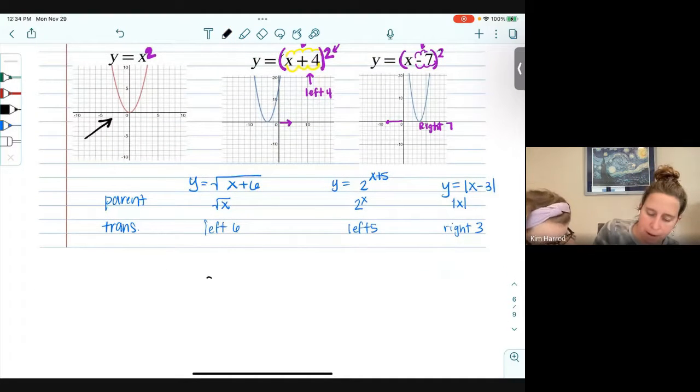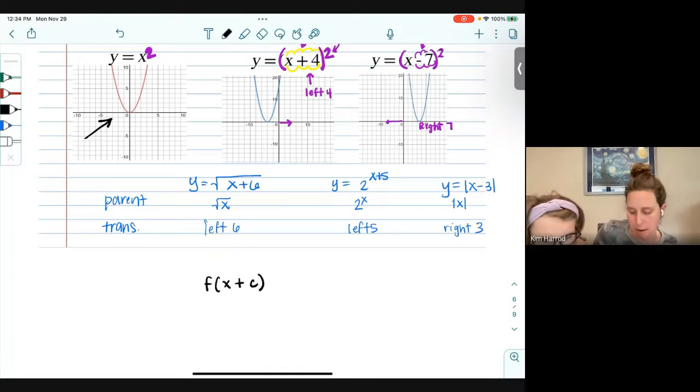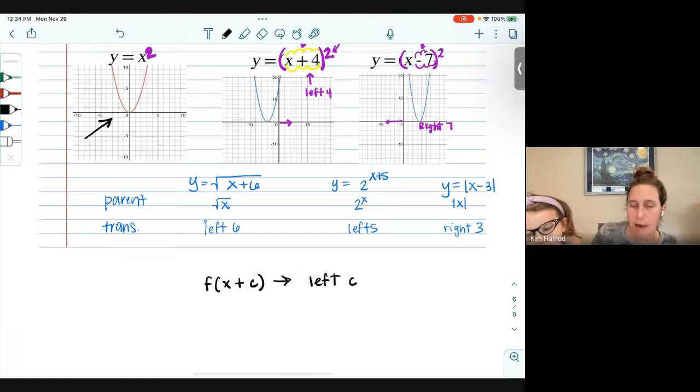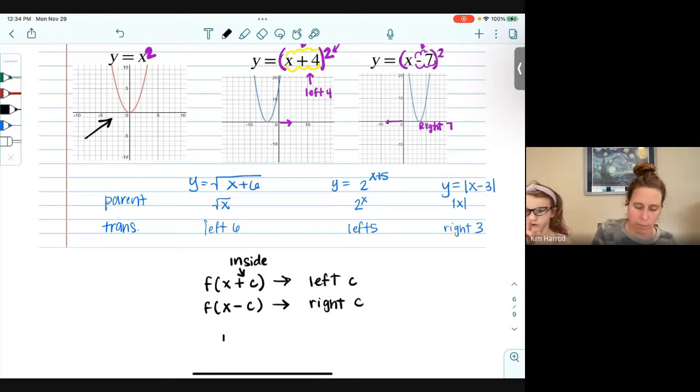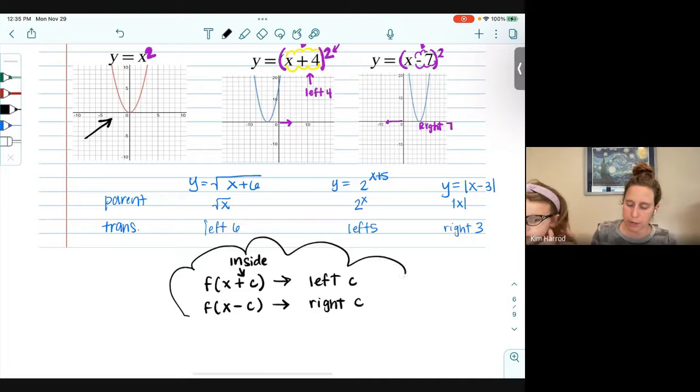So again, in summary, if we see the plus happening inside, that is going to show up as left by whatever that amount is. If we see a minus showing up inside, that one's going to translate to right. So we have inside. A couple of examples of inside we did up here. Okay, so that's our summary for horizontal translations.